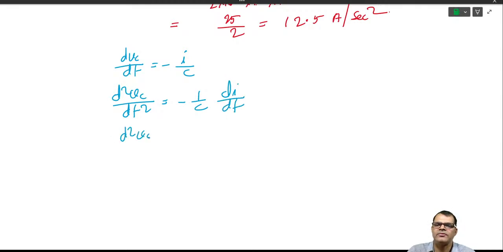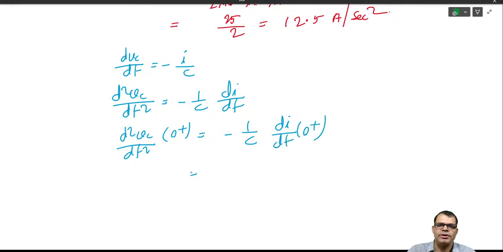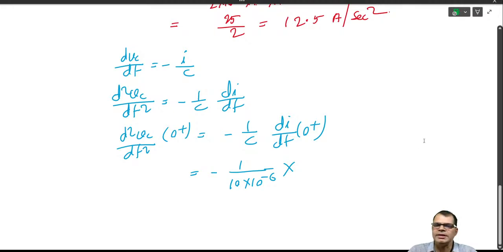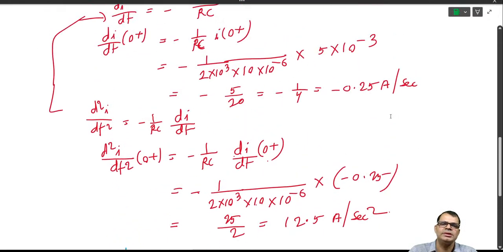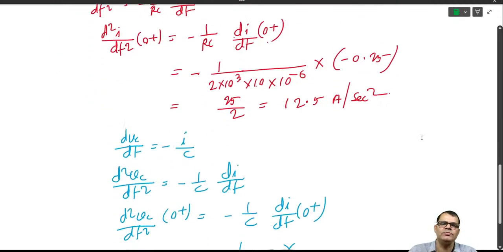So at t equal to 0 plus it is minus 1 upon C di upon dt at 0 plus. Just now we got the value of di upon dt at 0 plus. First use 1 upon C, that is 10 into 10 to the power minus 6, into di upon dt at 0 plus, which is minus 0.25.